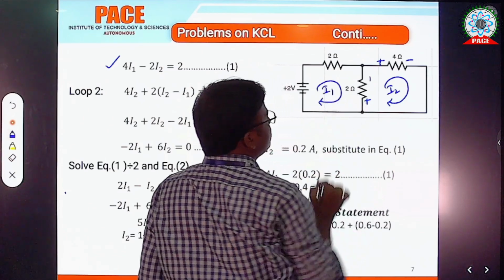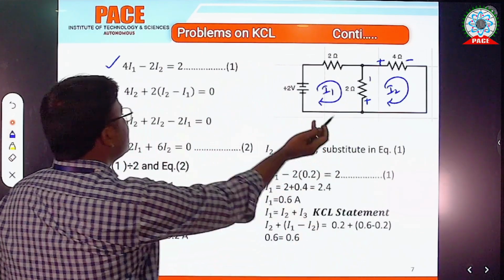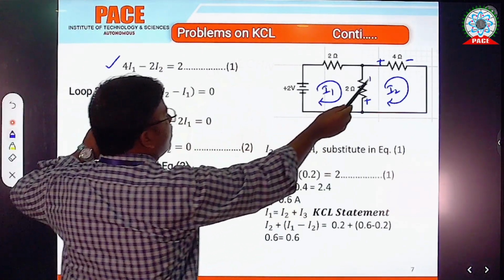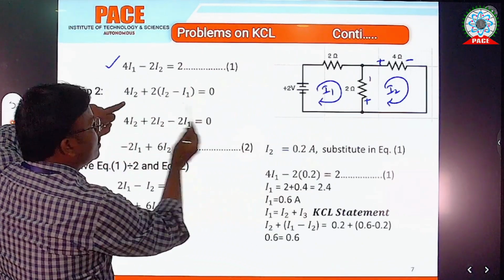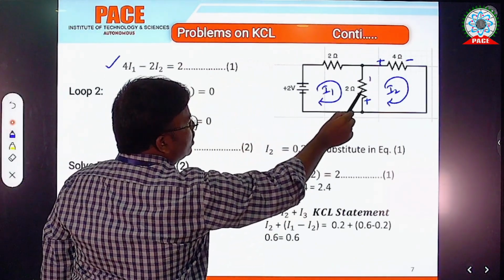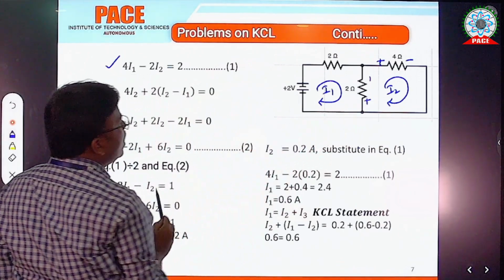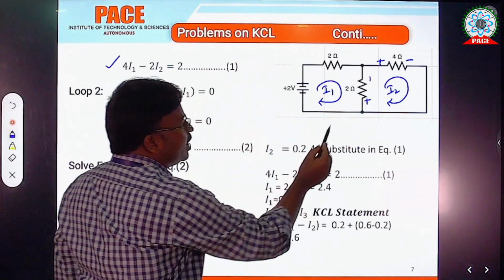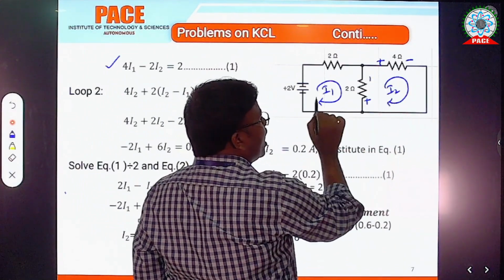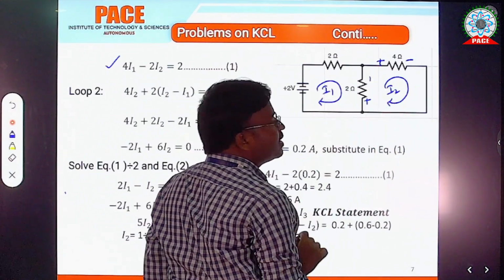From the second loop we write the equation: 4 into I2 plus 2, this 2 ohm resistor, into (I2 minus I1). The direction of I2 in this loop is this direction, and I1 is opposite to the I2 direction, so we write I2 minus I1.